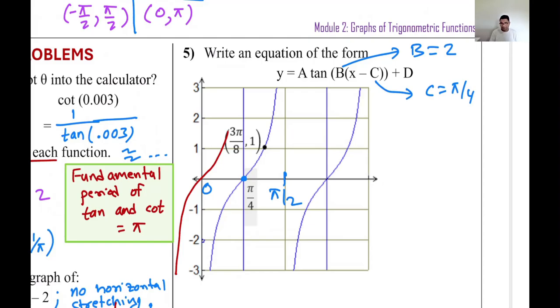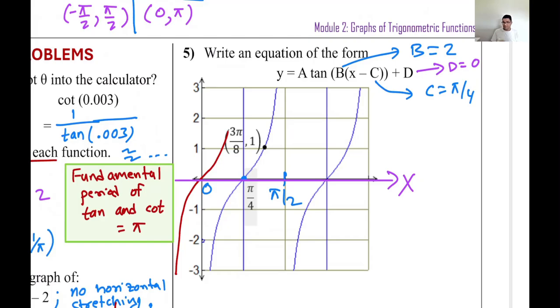One more thing, D. You can see the baseline has not changed, it is still the x-axis, and the graph is symmetric about that. So D is 0.